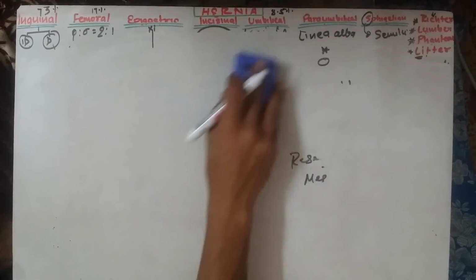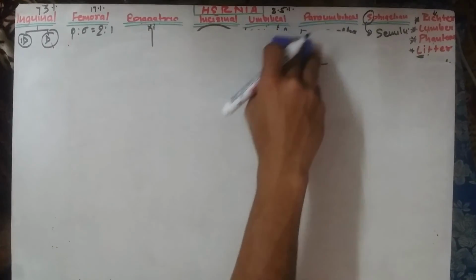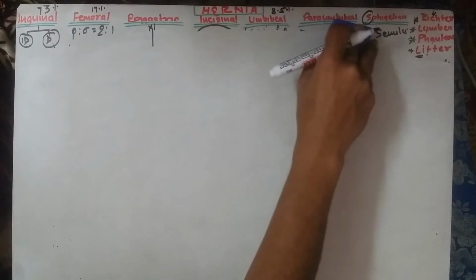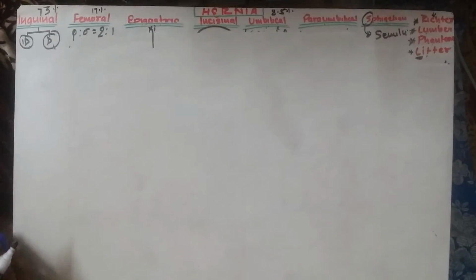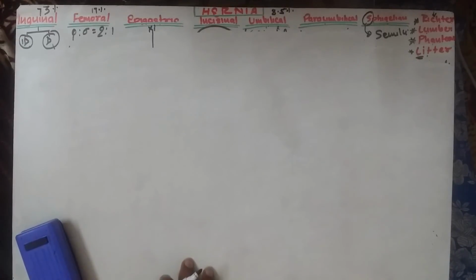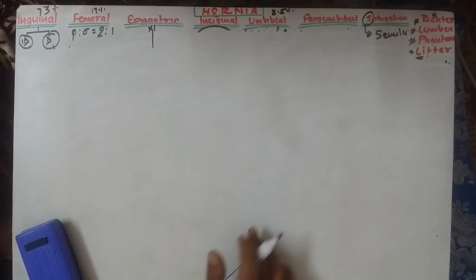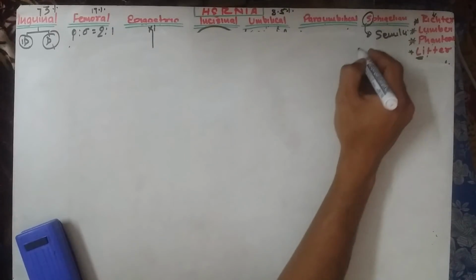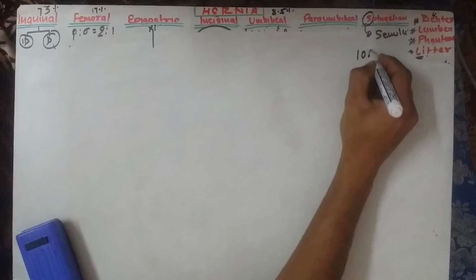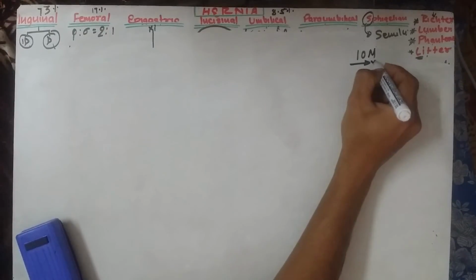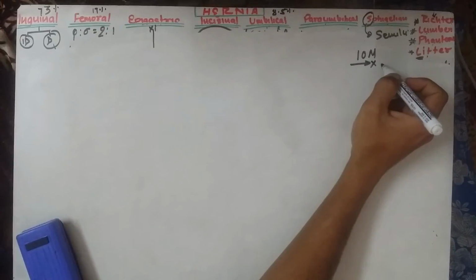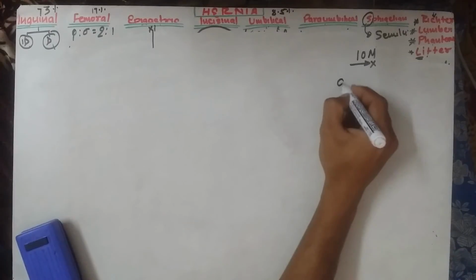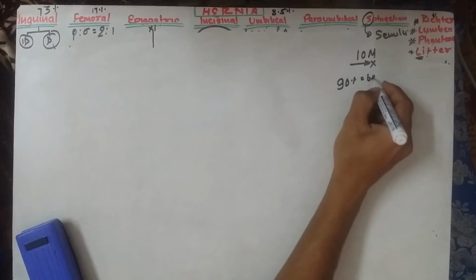Spigelian, as I said earlier, the spigelian is the semilunar line which is drawn from the 9th intercostal space to the pubic tubercle, and if the hernia is present in this line, then it is called a spigelian hernia. Usually the hernial sac lies deep to the internal oblique muscle, and about 90% of spigelian hernias are below the umbilicus.